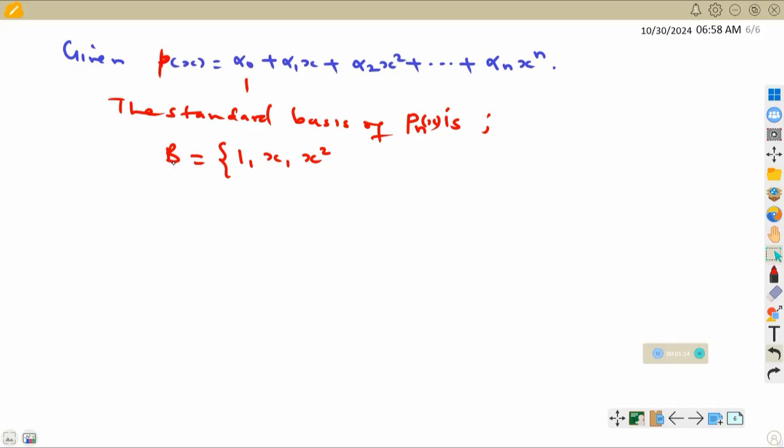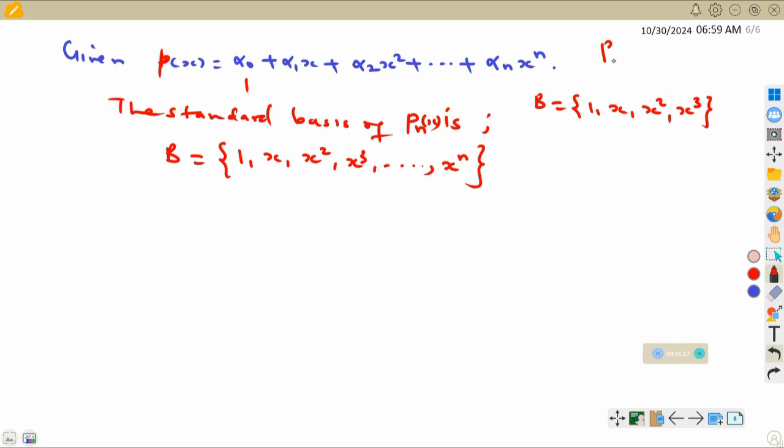So our basis B has elements 1, x, x squared, of course the next one will be x cubed, and the next one will be up to x to power n. So this is our standard basis. When you are talking about a polynomial of degree 3, the standard basis will be 1, x, x squared, then x cubed. That is for the polynomial space P of 3.